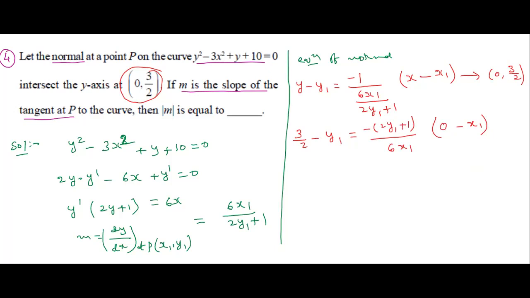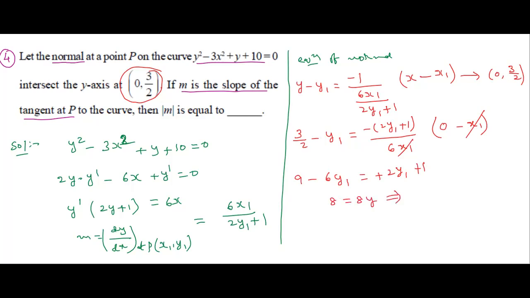Minus into minus is plus, and at that time x1 cancels. Next, take cross multiplication: 9 minus 6y1 minus 2y1 minus 1 gives 8y1. Take plus 1 to the left-hand side, and you will get 8 is equal to 8y1.